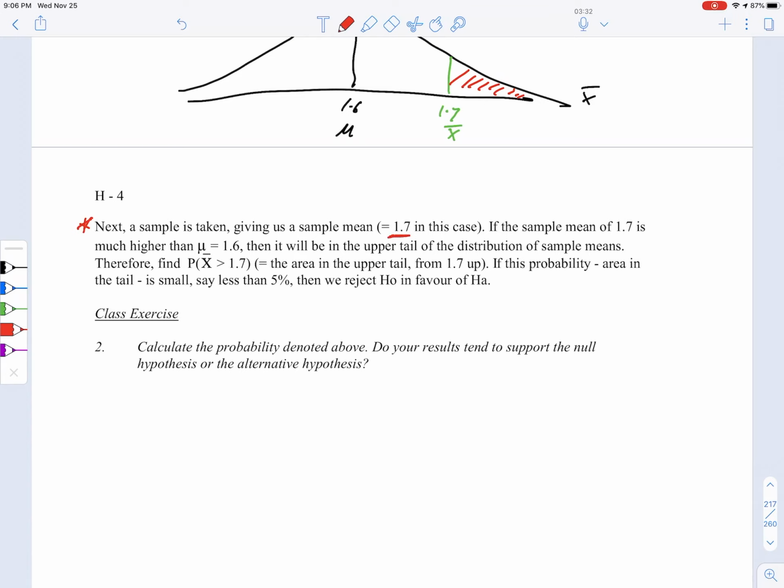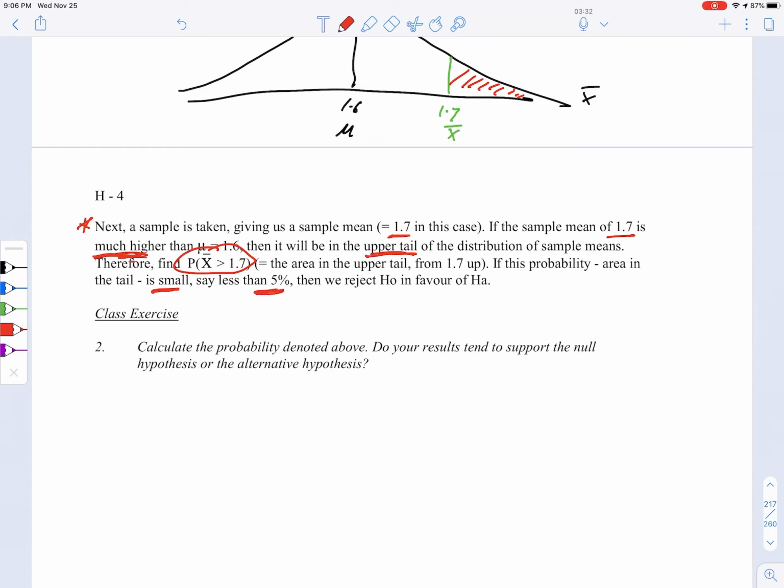So a sample is taken, giving us a sample mean of 1.7. If the sample mean of 1.7 is much higher than the mu of 1.6, then it will be in the upper tail of the distribution. So what we do is we find that probability. What's the probability that x bar is greater than 1.7?